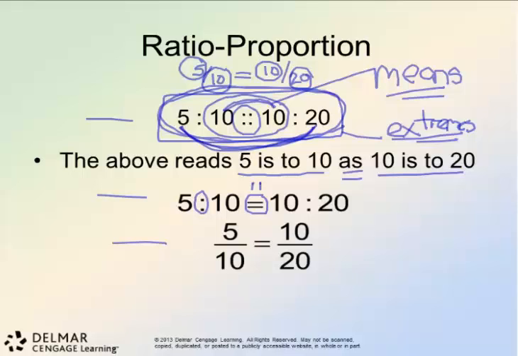So again, we multiply the tens together, those are the means, and we get 100. If we multiply the extremes together, we get 100. So that's where you hear the word cross-multiplying. When you have a proportion, you can cross-multiply, and those two values should be equal to one another.